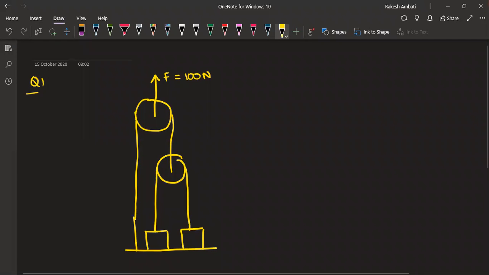So draw the figure. It is a 5 kg block and a 10 kg block. So force applied 100 newtons.